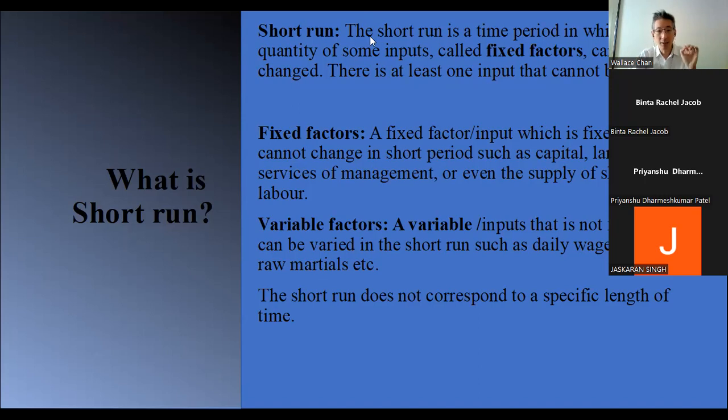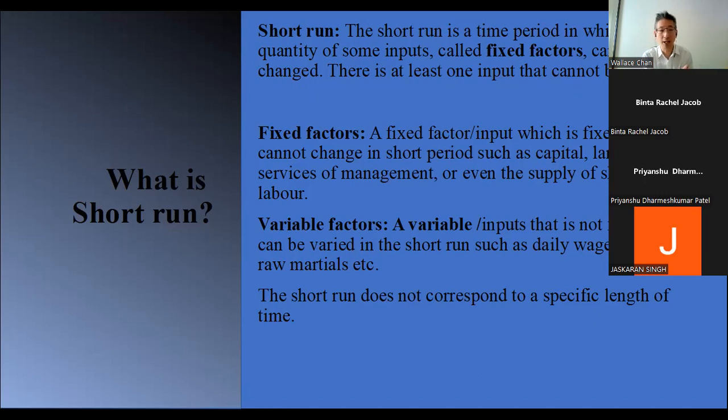When economists talk about short run, it's a time period in which the quantity of inputs called the fixed factors cannot be changed. There is at least one input that cannot be changed. In other words, when you are thinking about setting up a factory to produce t-shirts, the short run means there are some factors that you cannot change.